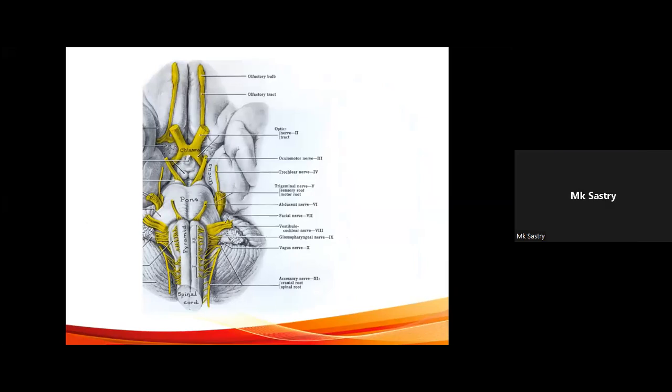You can see different types of cranial nerves: optic, oculomotor, trochlear, trigeminal, abducens, facial, vestibulocochlear, glossopharyngeal, vagus nerve, and accessory nerves. Right? Yes, sir.